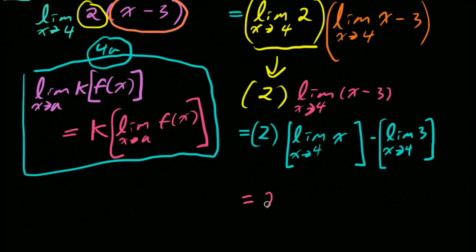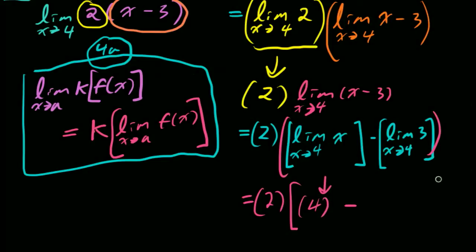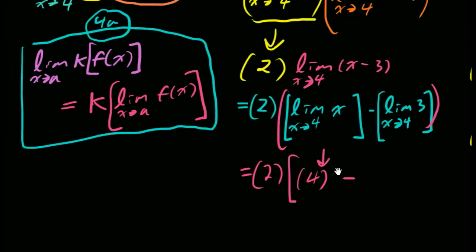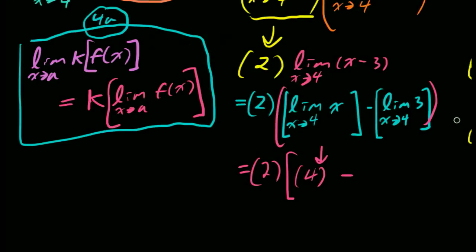And we get 2 times the limit as x goes to 4 of just that term x. That is going to be 4, minus, and I should have had those parentheses around that term right there. So we're going to get 4 minus the limit as x approaches 4 of just the term 3.